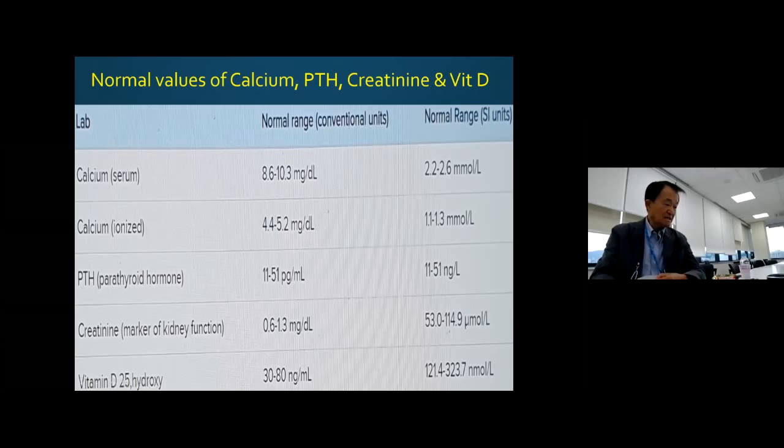We also measure vitamin D. Certain laboratories have slightly different normal ranges, so as long as you know the normal ranges, if it's rising, that always indicates a problem. Sometimes if there are unexpectedly high levels of calcium or parathyroid hormone, you have to repeat the test to make sure that's correct. And certainly that also affects the kidneys, so you also check creatinine or GFR, renal function.